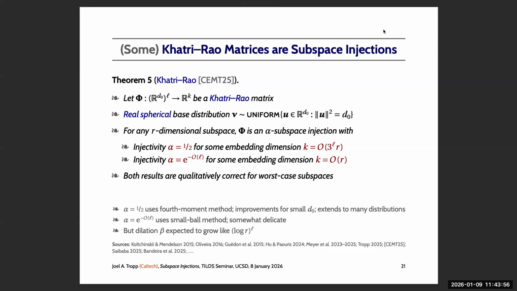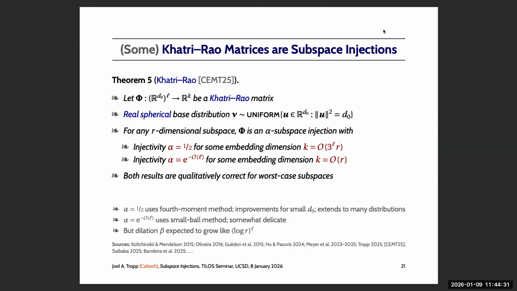So we have a theorem which states that these tensor product dimension reduction maps are in fact subspace injections. So if you take each of these short vectors to be a random vector that's uniform on the sphere, and you tensor together L times, then for any R-dimensional subspace in the large space, this map phi is a subspace injection with constant injectivity.